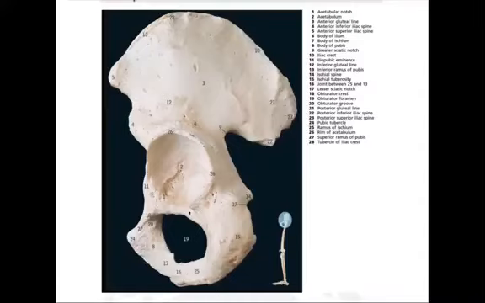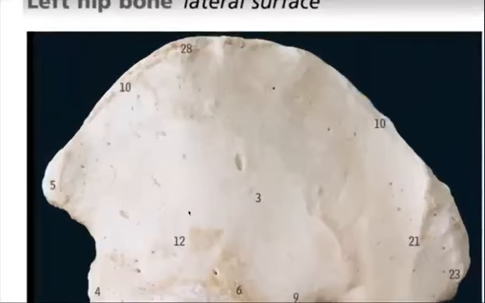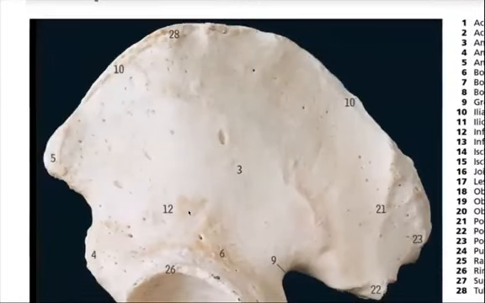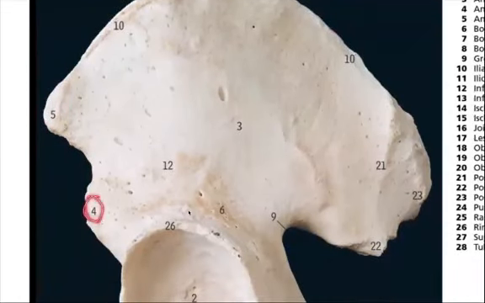First thing first, let's talk about number 28. Number 28 is the tubercle of the iliac crest. Number 5 is the anterior superior iliac spine. Number 4 is the anterior inferior iliac spine.